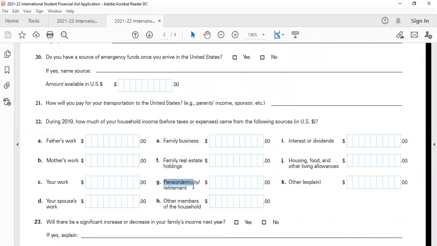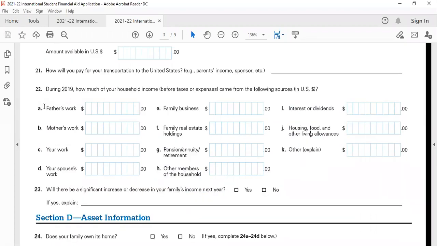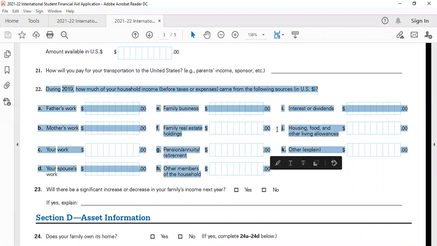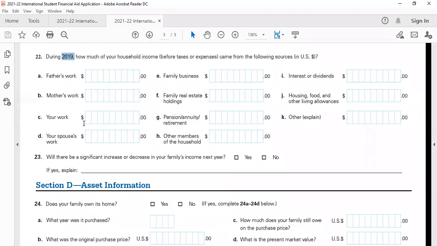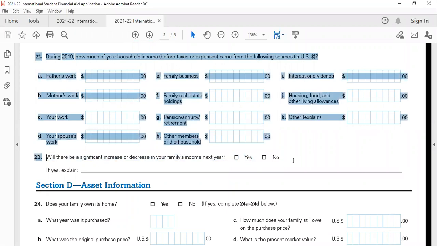Any pension or gratuity or any annuity that they receive, anyone else from the family who is an earning member, interest or dividends on shares and stocks that they receive every year, any allowances that they receive, and any other amount. So this whole question asks about the total amount that your family received during 2019, basically during the last year.